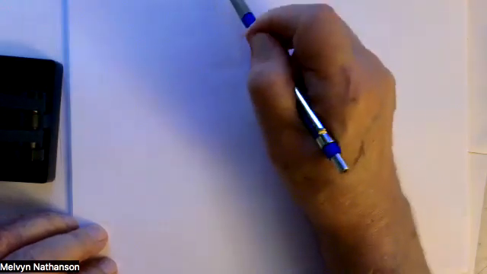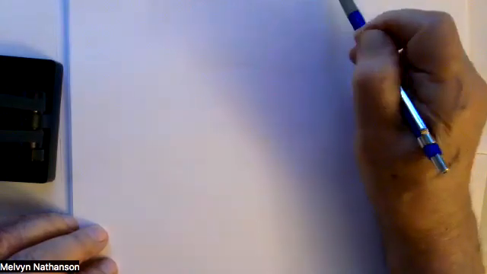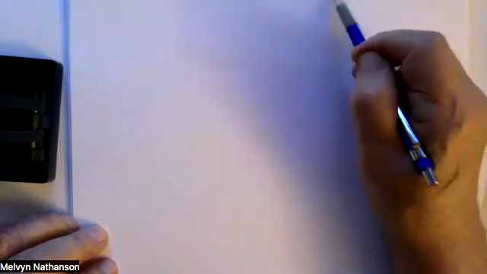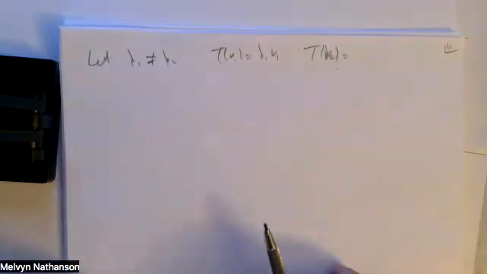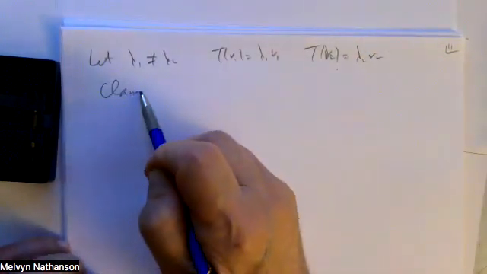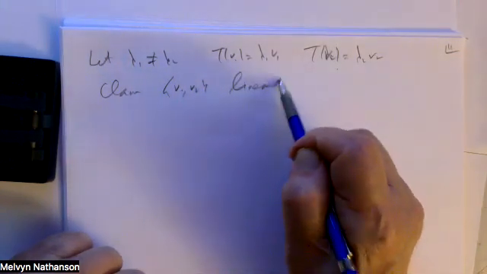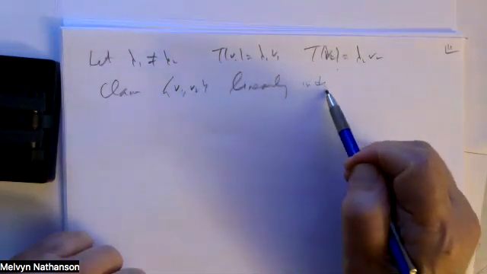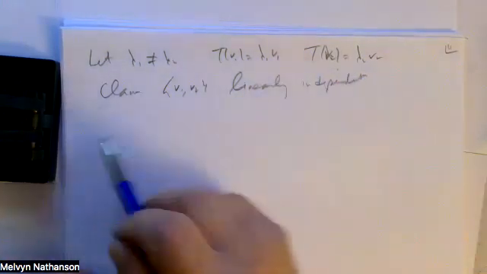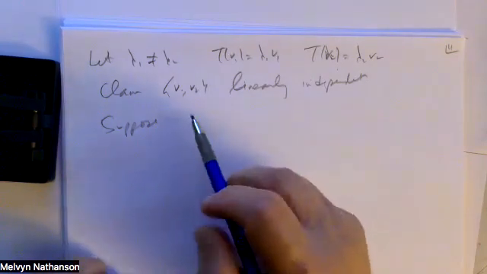Suppose we have two eigenvalues, lambda 1 and lambda 2, and T of V1 is lambda 1 V1, and T of V2 is lambda 2 V2. So I claim V1 and V2 are linearly independent. How do we prove that? Well, just go to the definition of linear independence.